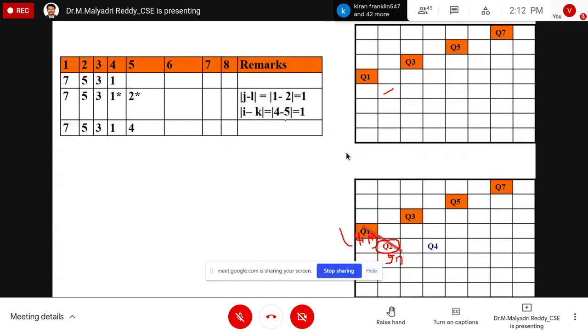Substituting these values in the equation, we get 1, 1. So there is a chance of column conflict with respect to Q1. So simply discard that place and move to the next place. This is not feasible. This is the column conflict.